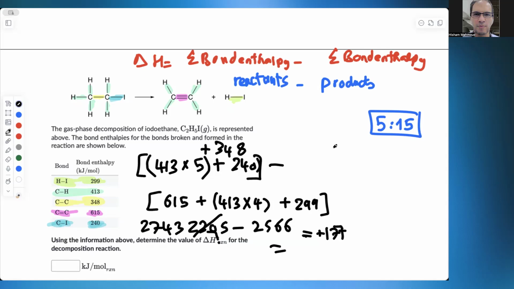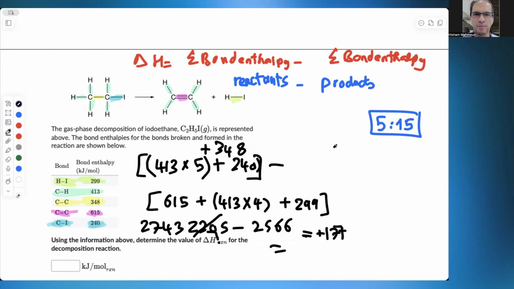Still not correct. 413 multiplied by 5 plus 348 plus 240 is minus this one is 615. So let me just call them plus 348 plus 240.